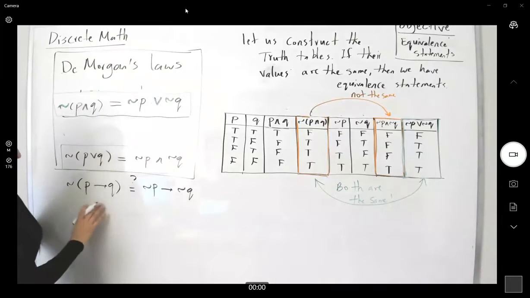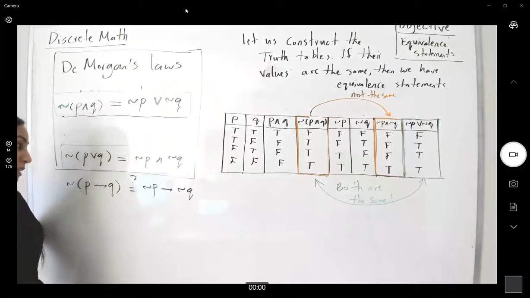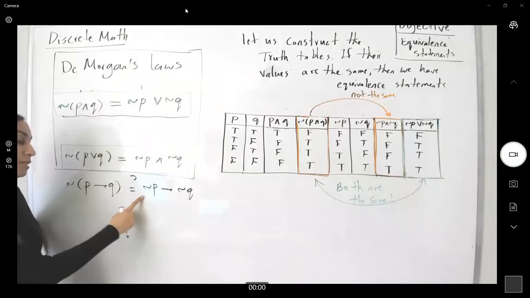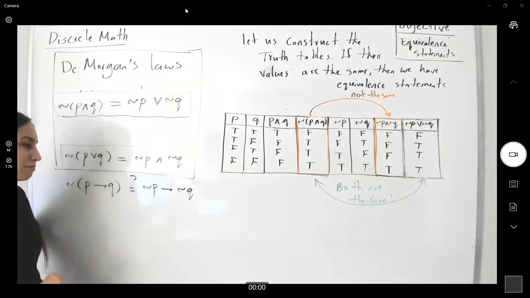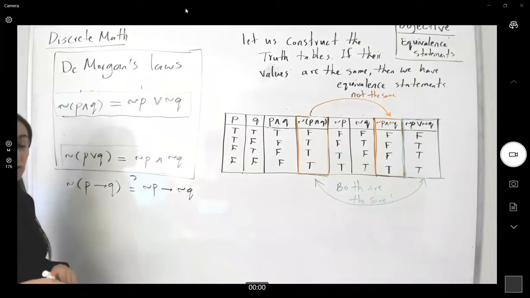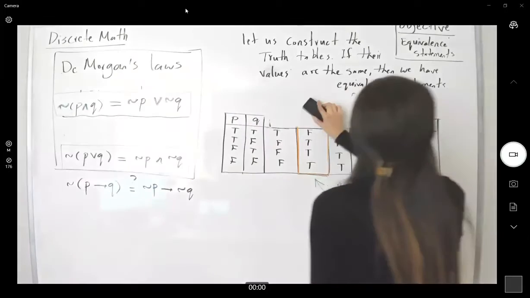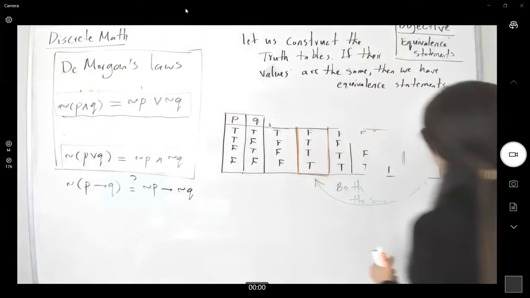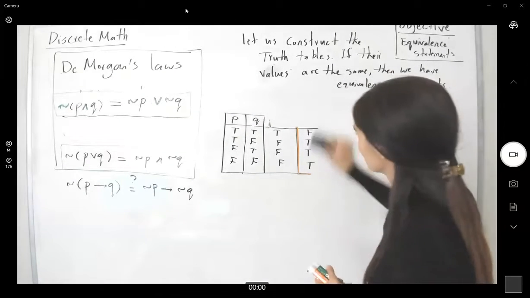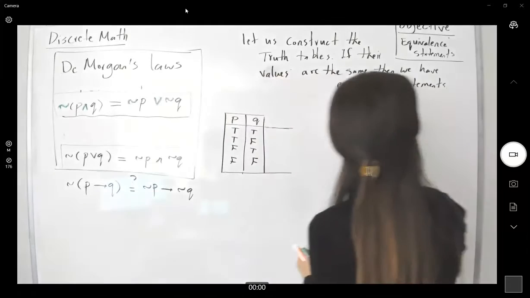Now, what about this one? What about if you have the negation of implication? Is this equal to not P then not Q? Well, let us construct a truth table. Let's see what we have. So we're going to have 4 combinations.